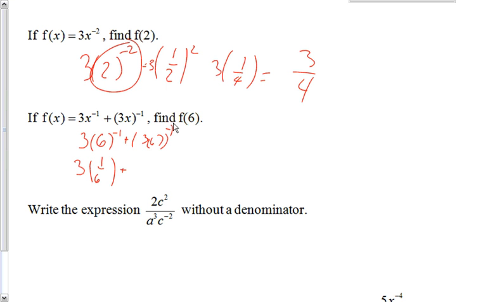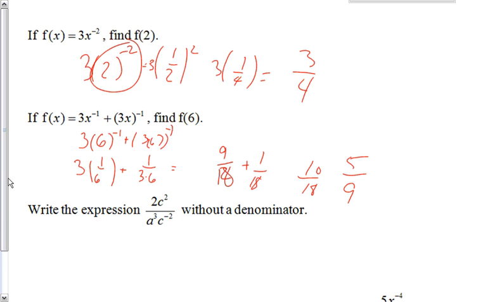Well, this one is the whole thing reciprocated, which is 1 over 3 times 6, which is, if you notice, 1/2 plus 1 over 18. All right, which makes a big difference because this is 9 over 18, so that's 10 over 18, and it's 5 over 9.